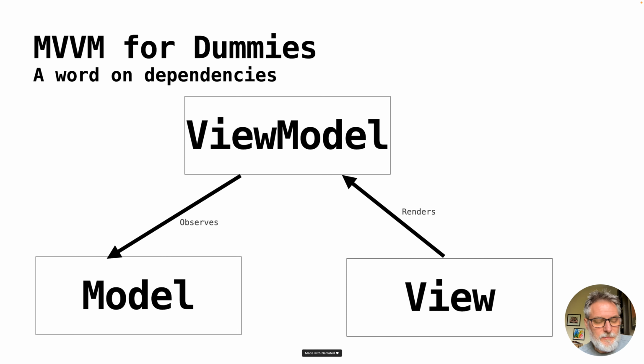So when you create these things, you're going to create a connection between the view model and the model. But it's the view model that knows how to connect to the model, not the other way around, because the model needs to be, again, pure and ignorant of any kind of view stuff. And the same reason applies here: the view renders the view model.